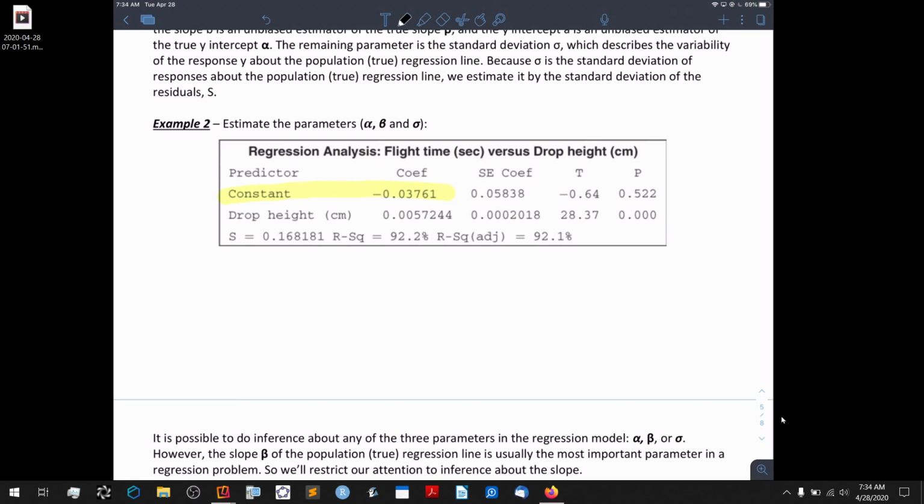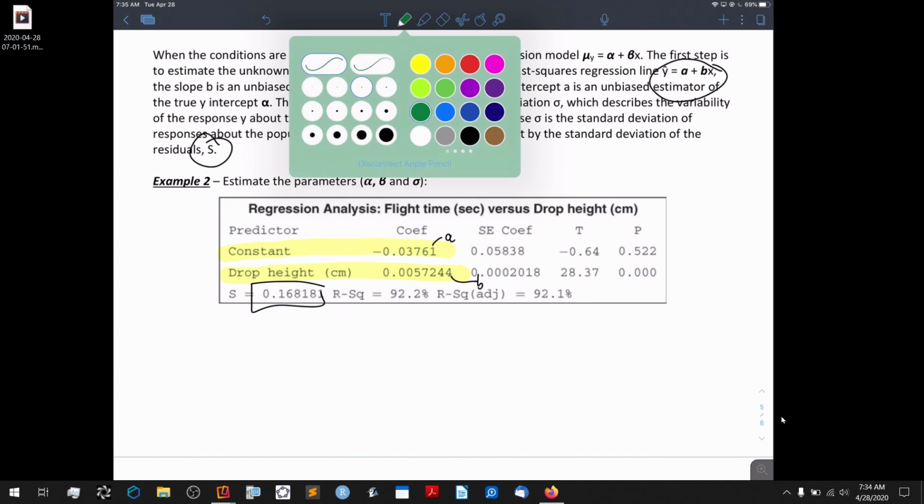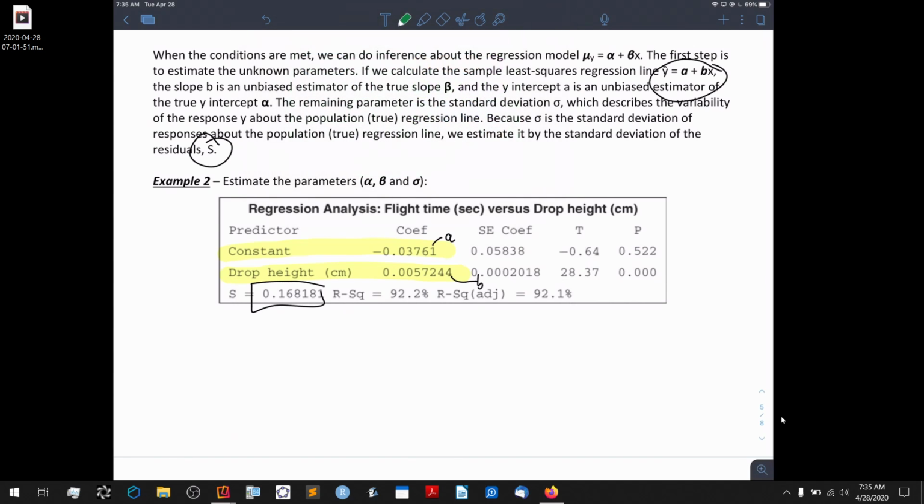So this means that a in my sample regression line is that. And then drop height equals that, means my slope b is that, and this is the standard deviation of the residuals. So they said s here very nicely for you. There it is.